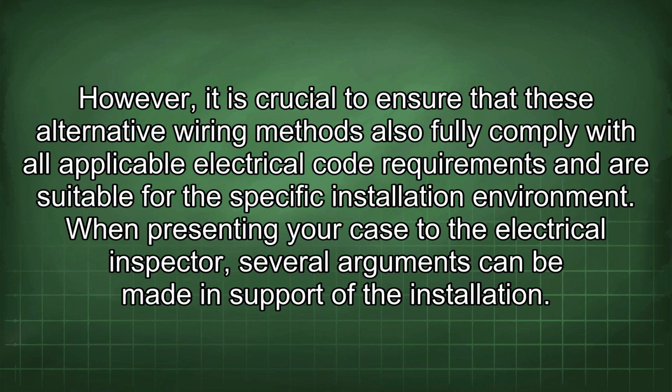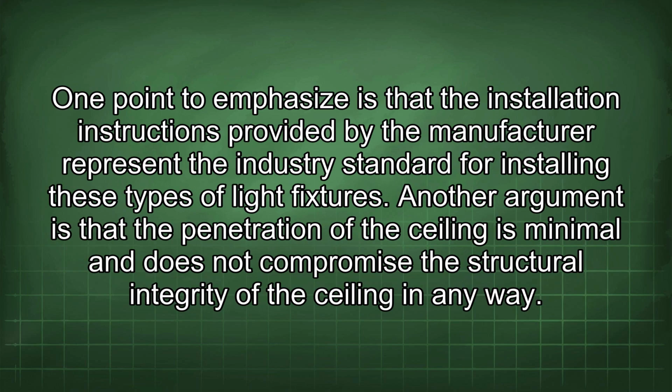When presenting your case to the electrical inspector, several arguments can be made in support of the installation. One point to emphasize is that the installation instructions provided by the manufacturer represent industry standard for installing these types of light fixtures. Another argument is that the penetration of the ceiling is minimal and does not compromise the structural integrity of the ceiling in any way.